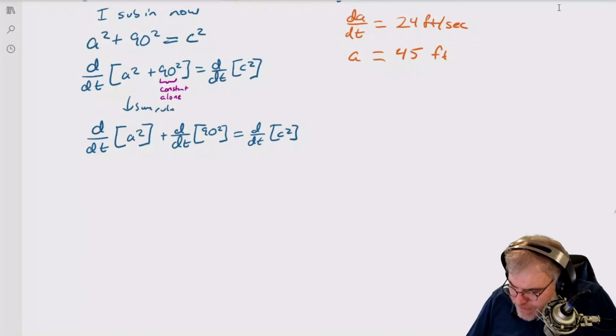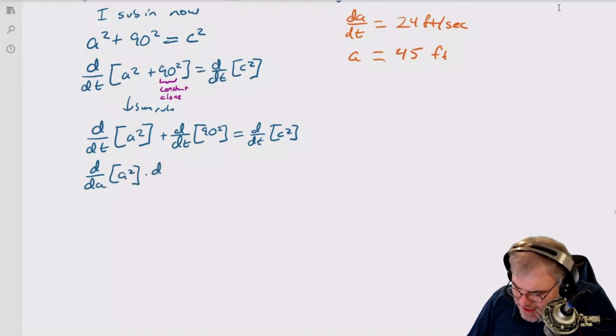All right, so I'm going to take the derivative of this with respect to t. I'm going to need a chain rule. So this is going to be d over dA of A squared times dA over dt plus 0 equals d over dC of C squared times dC over dt.